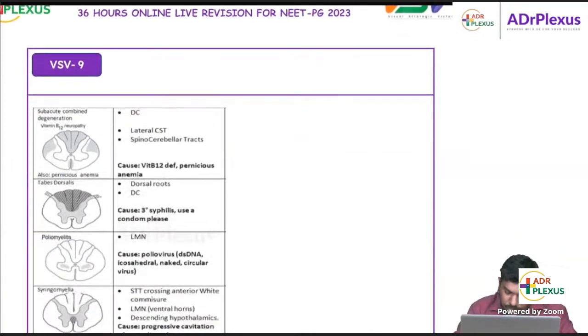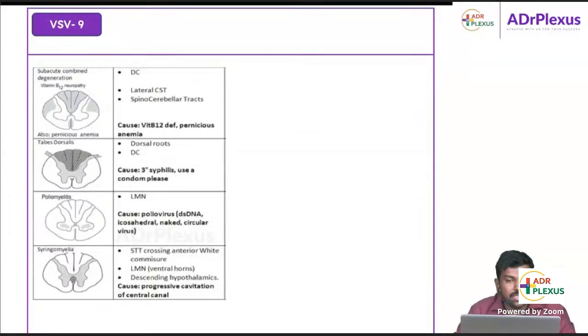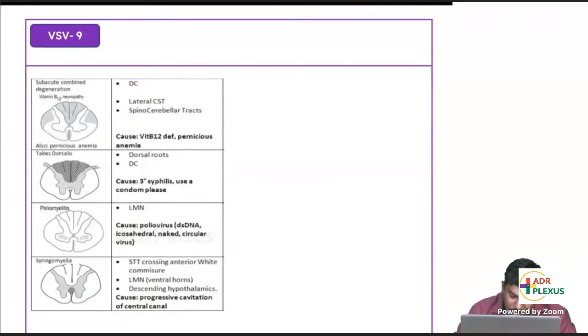Then coming to the next thing, subacute combined degeneration. Here we have three differential diagnoses.